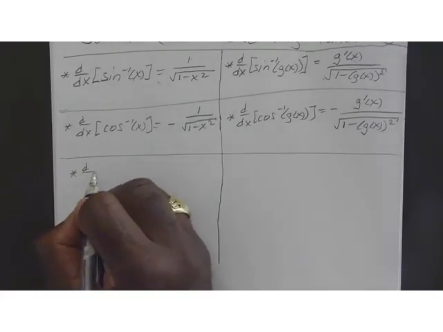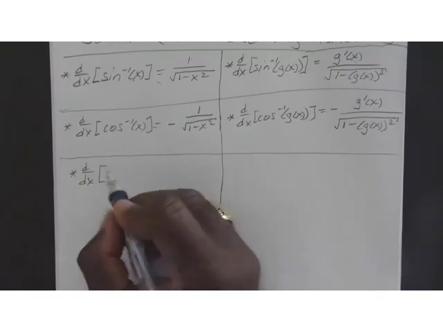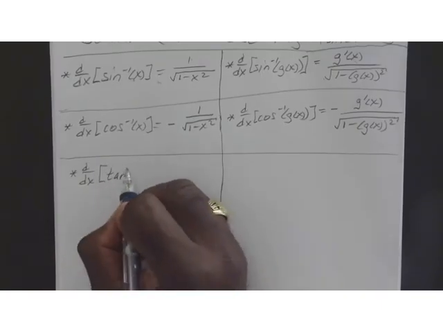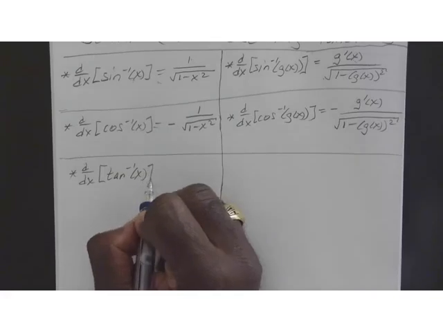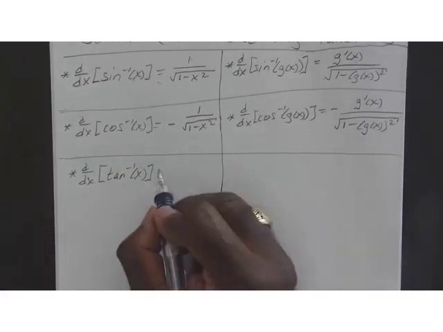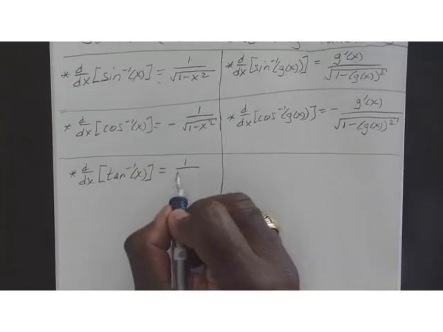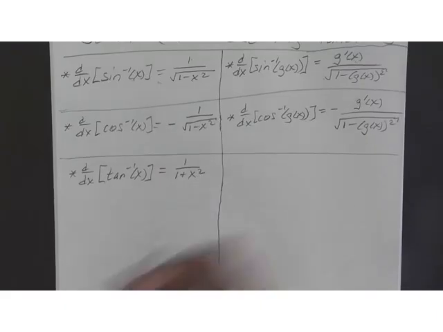Okay, so what if we have the derivative of tangent inverse? Well, that's equal to 1 divided by 1 plus x squared.